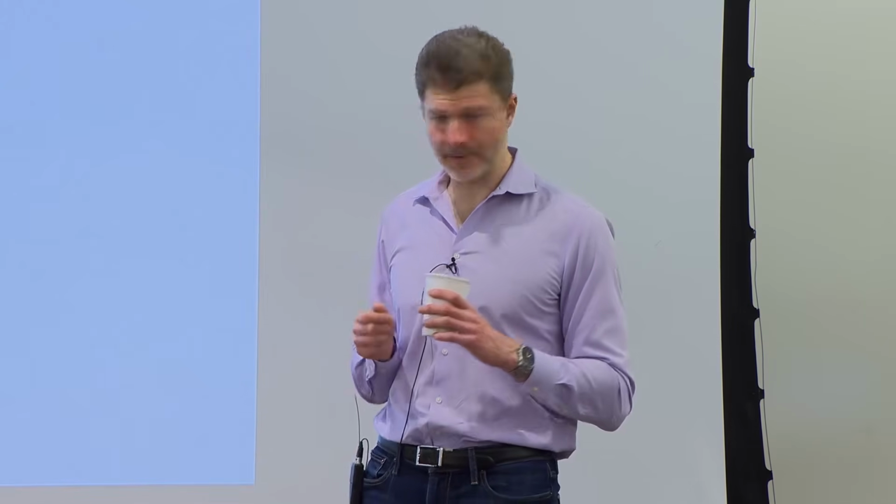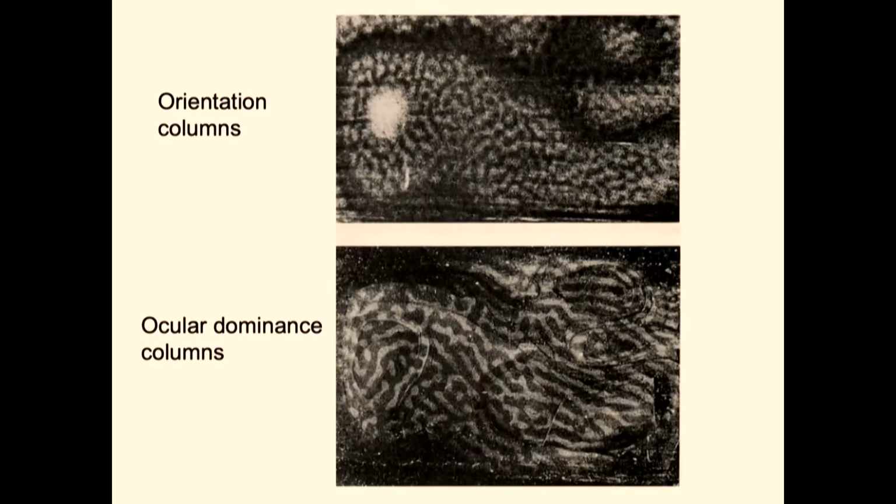One eye is stimulated and the other eye is closed. You see this patchy pattern of activation where there are bits of the cortex that are a lot more active than others. That's ocular dominance, right? The response in the white bits of the cortex is driven predominantly by the eye that's open. So we've got orientation columns and ocular dominance columns, and they're interspersed in some kind of way.